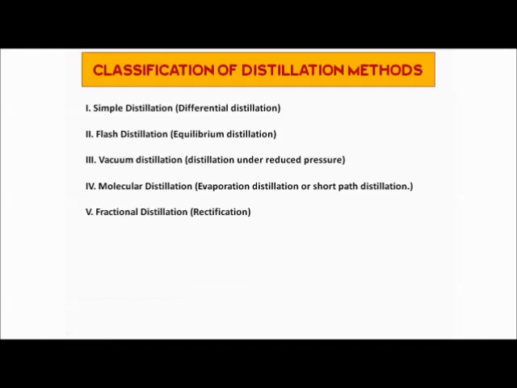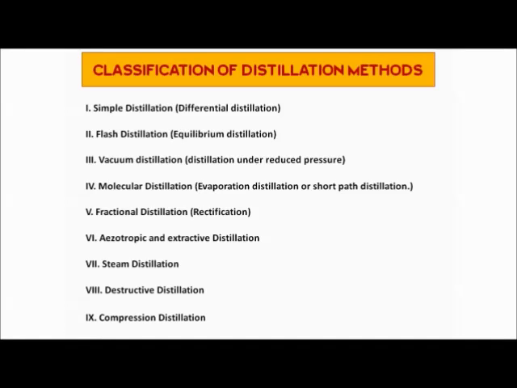Next we have fractional distillation, which is also known as rectification. Next we have azeotropic and extractive distillation, then steam distillation, then destructive distillation, and finally compression distillation. All these types of distillation processes we are going to discuss in the upcoming slides.